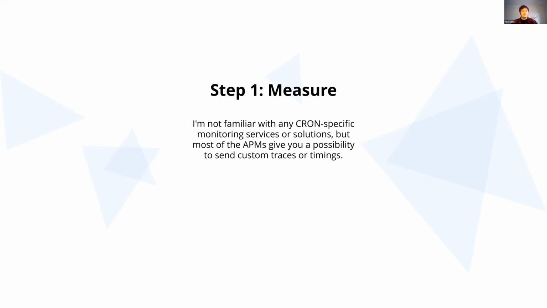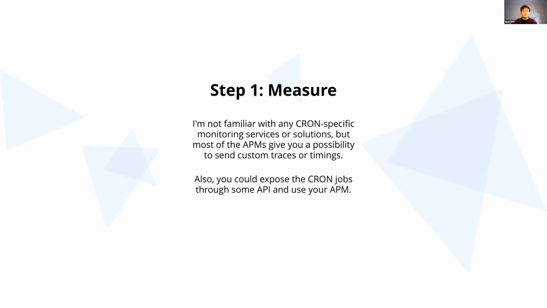Other than that, and I actually did it quite a few times in the past, and it's extremely simple and it actually helps, you can expose your cron jobs via a REST API or GraphQL API or maybe some other kind of API, and then just use your normal APM. Because in the end, a cron job is just some code that you would like to be run on a periodical basis.